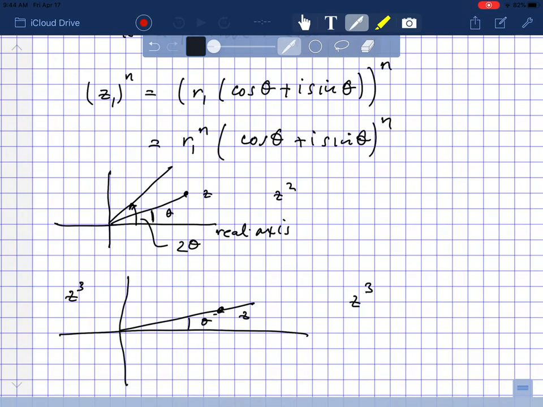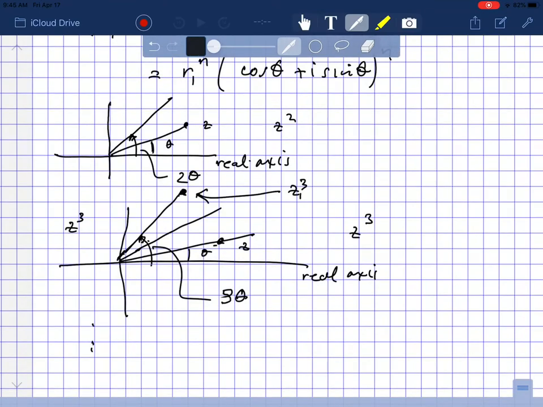That's going to be z times z times z, which means that z cubed is going to be a point on a radial line that makes an angle of 3 theta with the real axis.